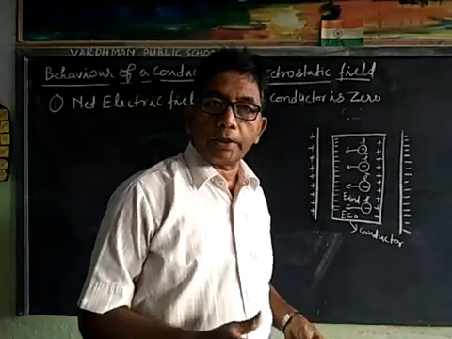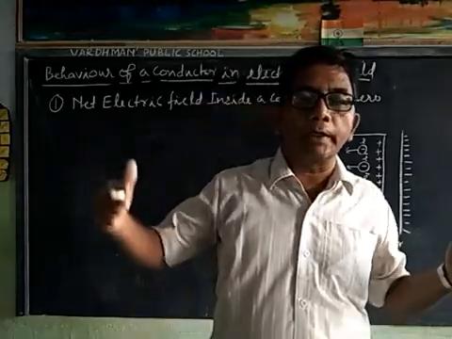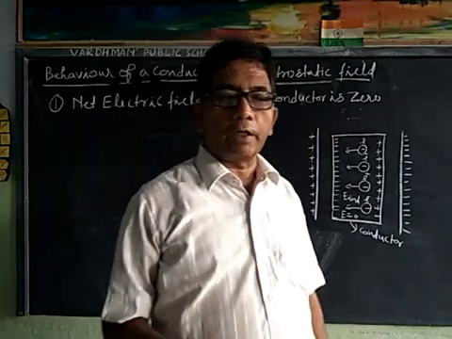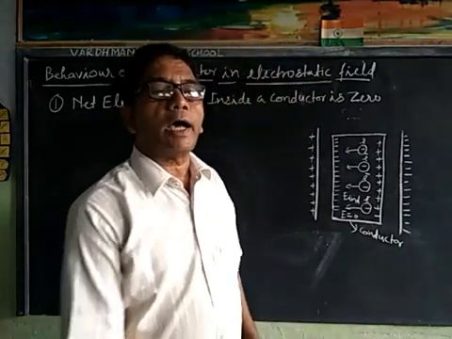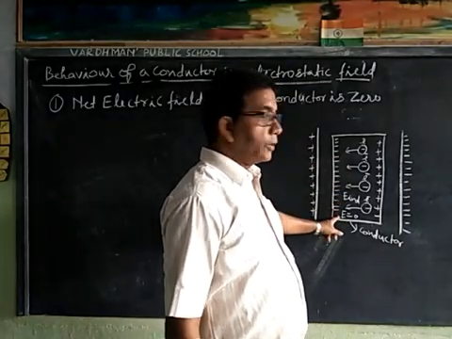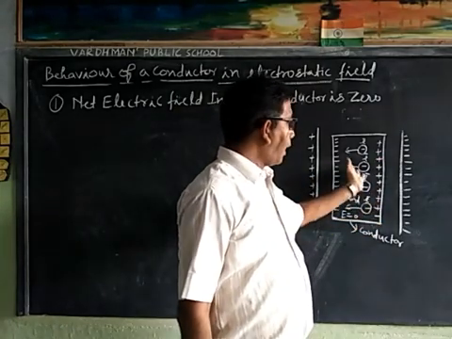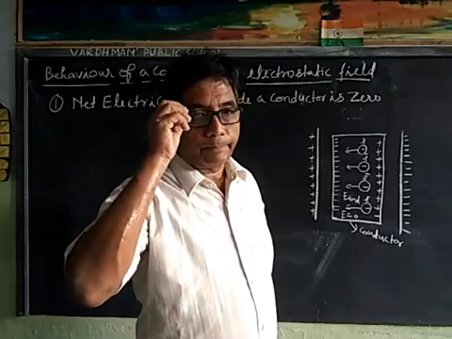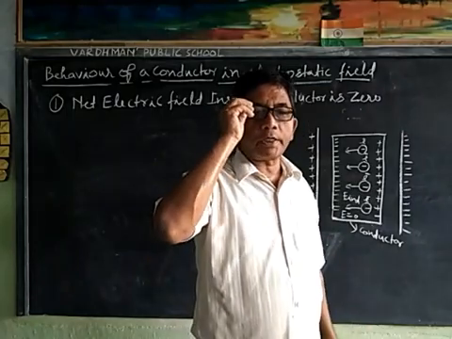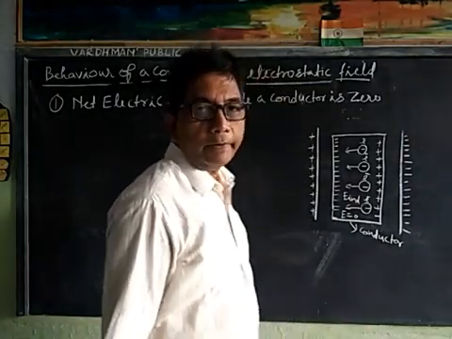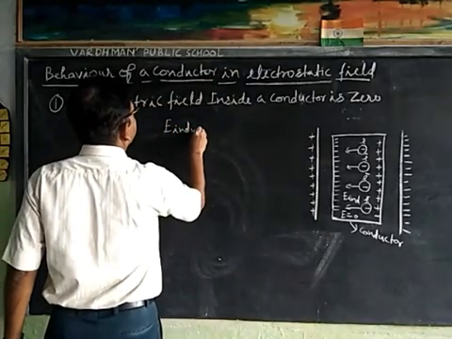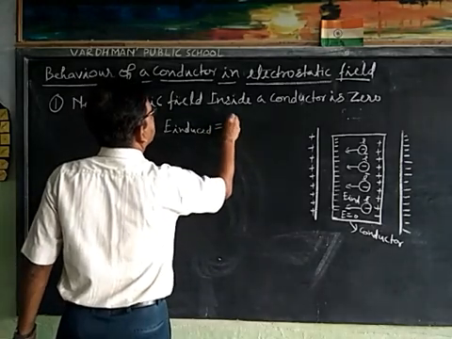Negative charge is induced on the left side of the conductor, and positive charge is induced on the right side. This process continues until E induced is equal to E external.